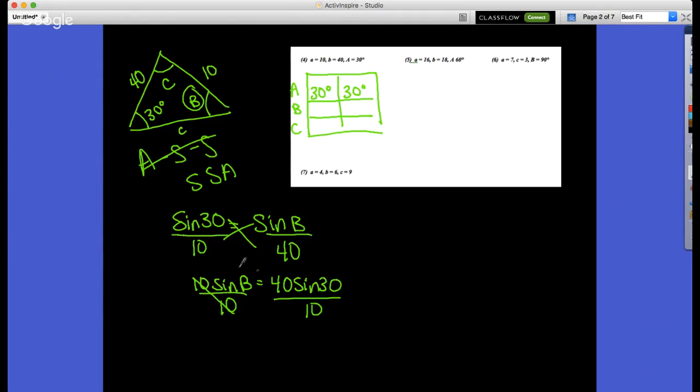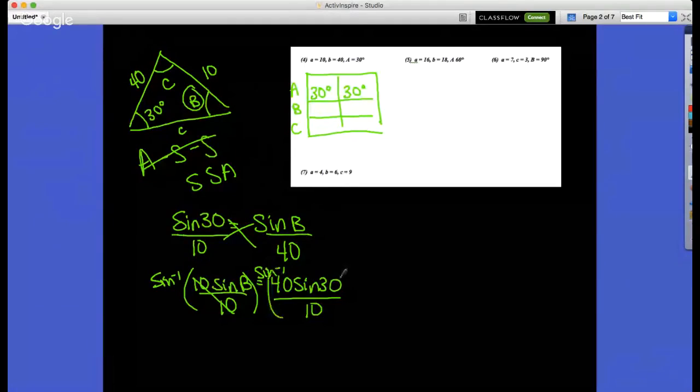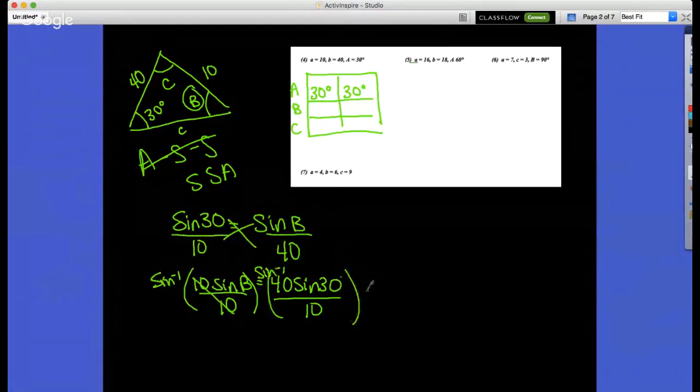So we're going to do the sine inverse on both sides. Okay. So I don't actually plug it in myself. I actually do 40 sine of 30 and then I get 20, divide that by 10, get 2, and then I'm going to do the sine inverse of that.